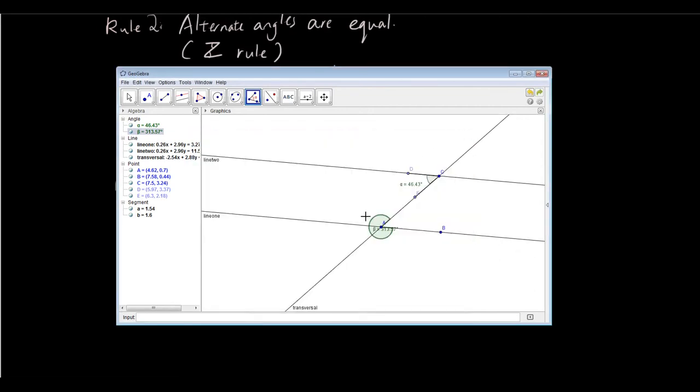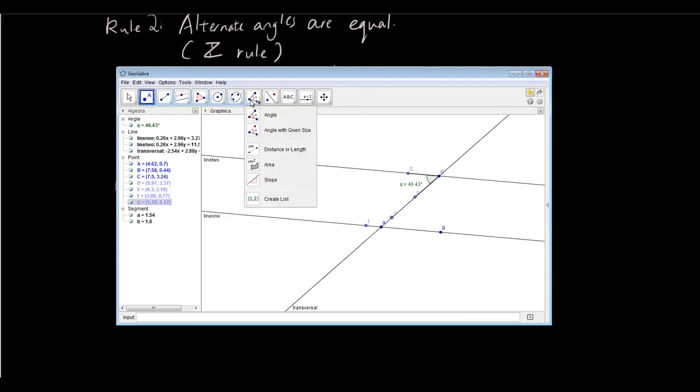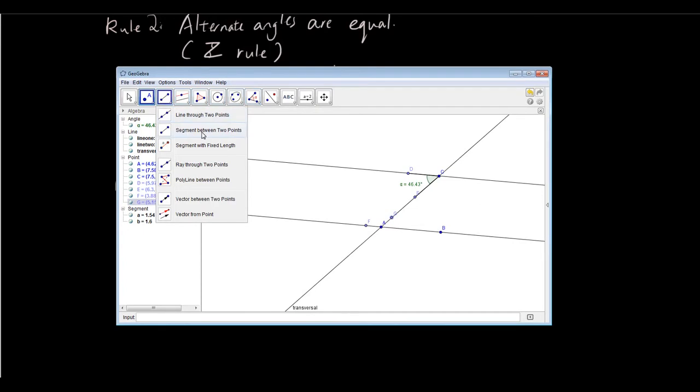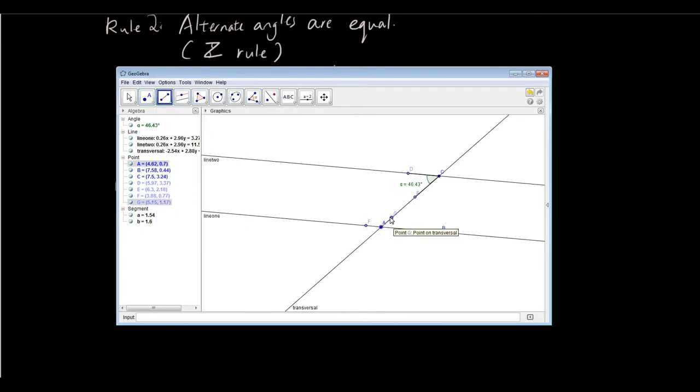Nope, doesn't work, so I'll have to do the same thing again, create another point there and there, and find the segments A to G, A to F, and draw the angle from here to here. Yep.